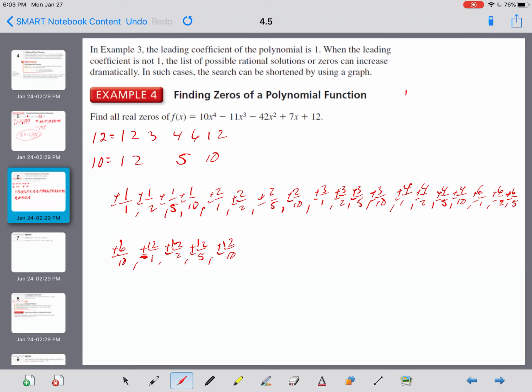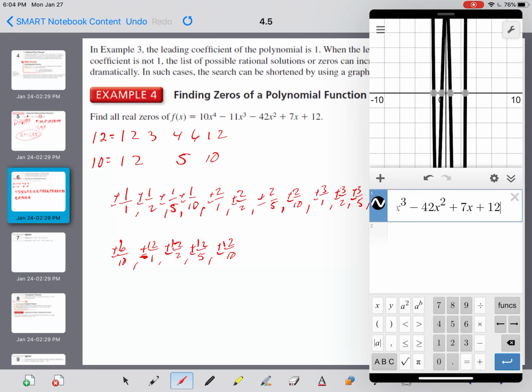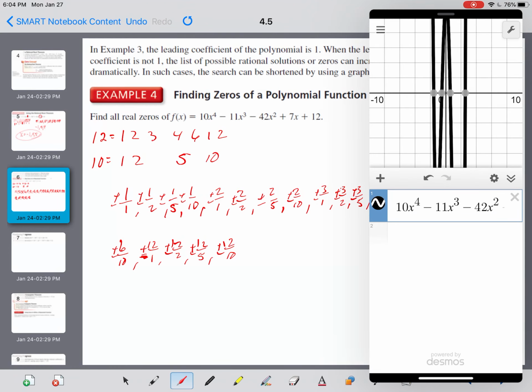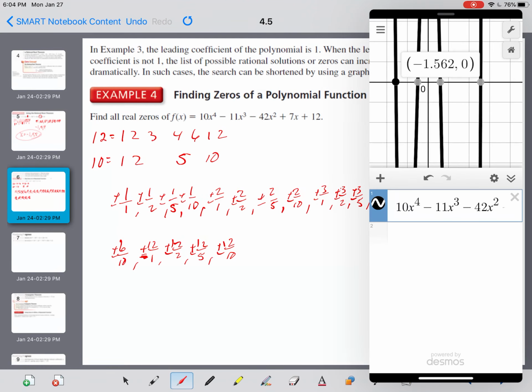So let's look. 10x to the fourth minus 11x to the third minus 42x squared plus 7x plus 12. Now, to the fourth, there are 4 solutions.